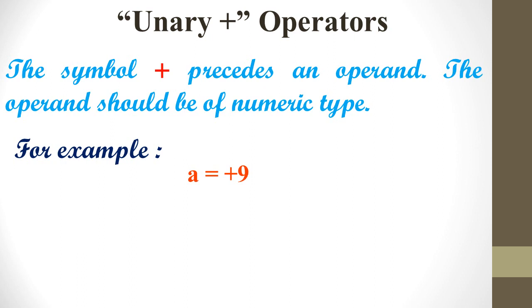So a equal to plus 9 is used to assign positive 9 to the integer variable a. Unary plus operator is rarely used because plus 9 or simply 9 are the same.